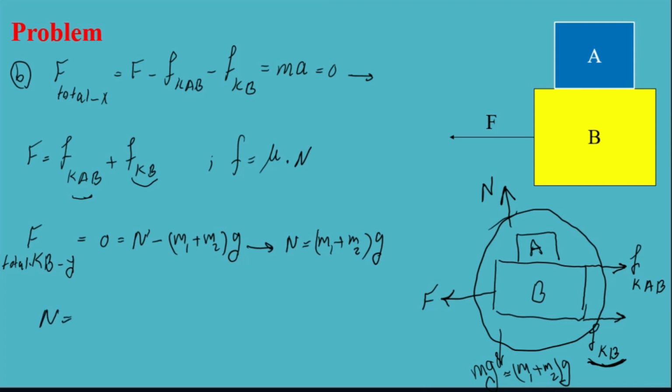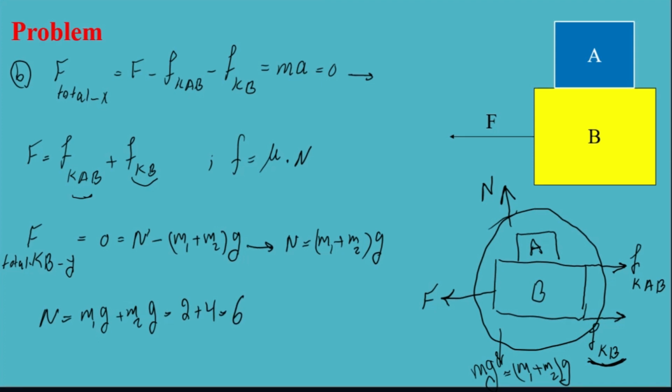So then my n is going to be equal to m1g plus m2g, and that's going to be 2 plus 4, which is 6. So now let me calculate FKB. That's going to be equal to mu times n. So my mu is 0.2, my n is 6, so that's going to be 1.2 newtons.